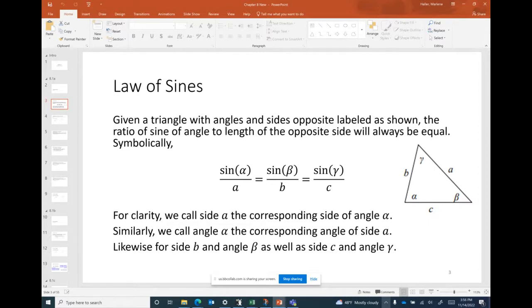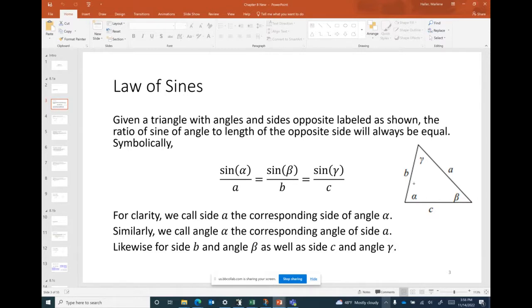So the two tools that we can use to solve non-right triangles are the law of sines and the law of cosines. The law of sines is stated here. It's simply a set of ratios that are equivalent.